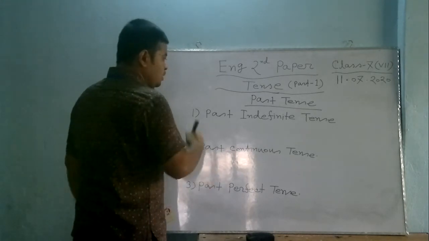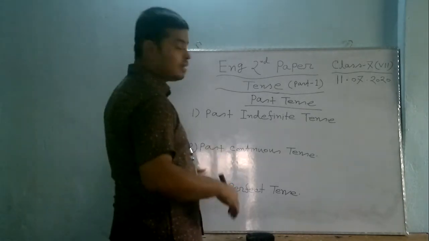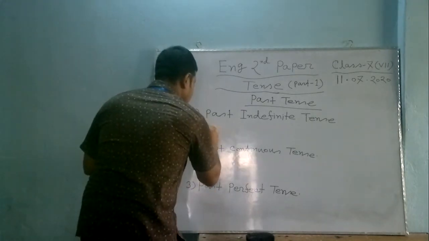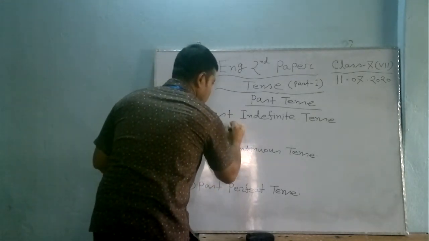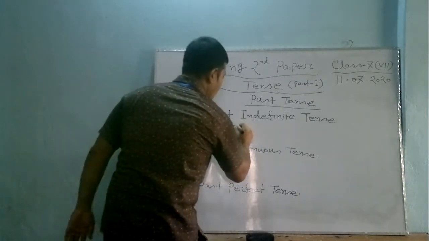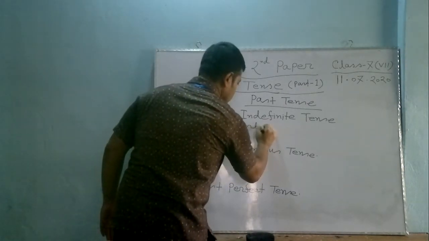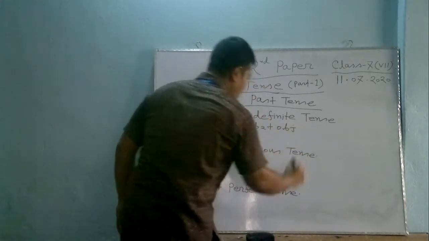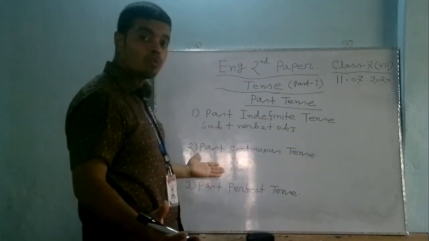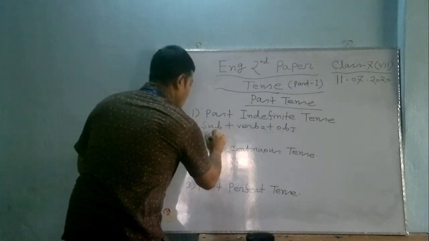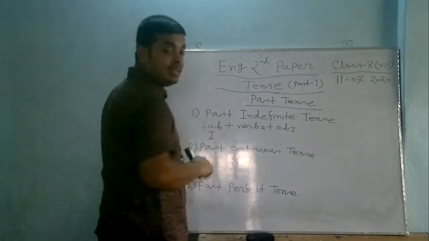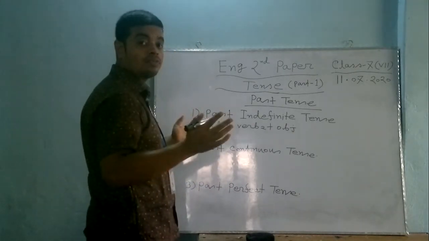Then we write the structure for making a sentence in past indefinite tense. Structure is subject plus verb 2 plus object. Verb 2 means the past form of the verb. So subject is I. Here we use the verb eat.